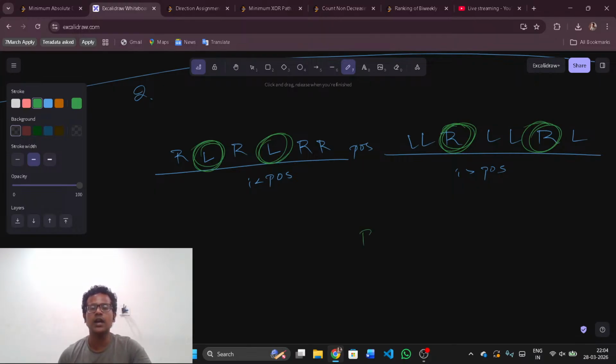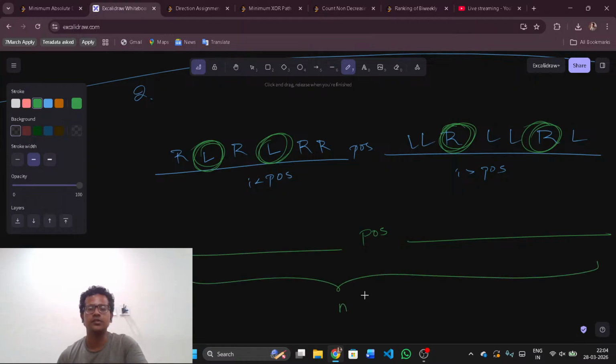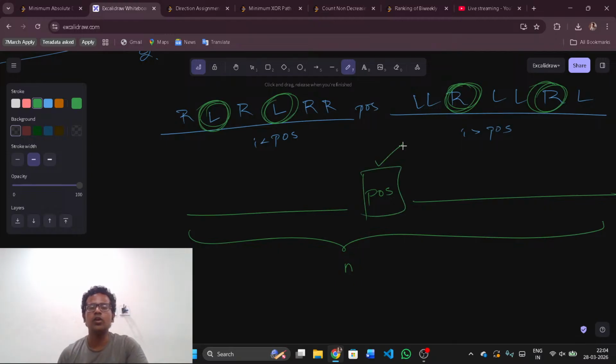Now, imagine I have position here. Totally there are n positions, and one is already occupied, so the remaining are n minus 1. So n minus 1 are available.